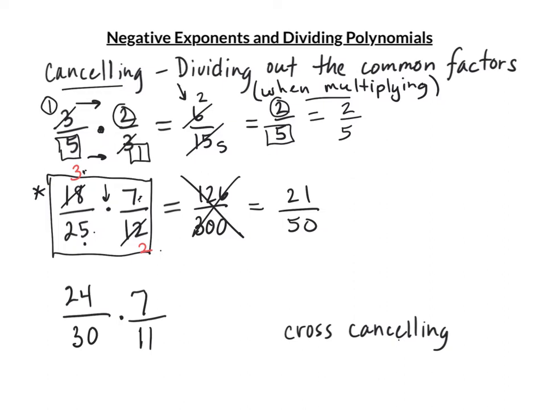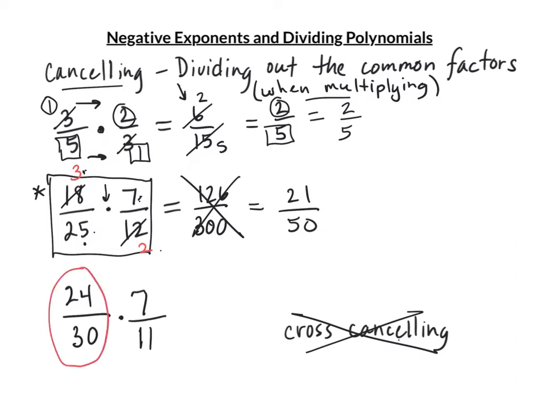This last example, again, brings up the idea that thinking of this as cross-canceling is a bad idea. Cross-canceling, no, it's just canceling. You need to be multiplying, and you need a common factor above and below. In this case, what we're really doing is just simplifying 24 over 30.